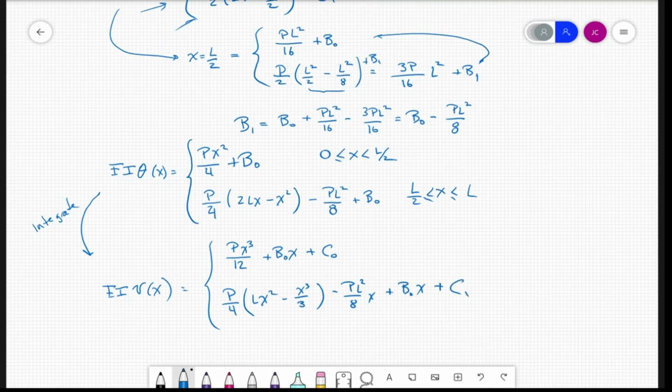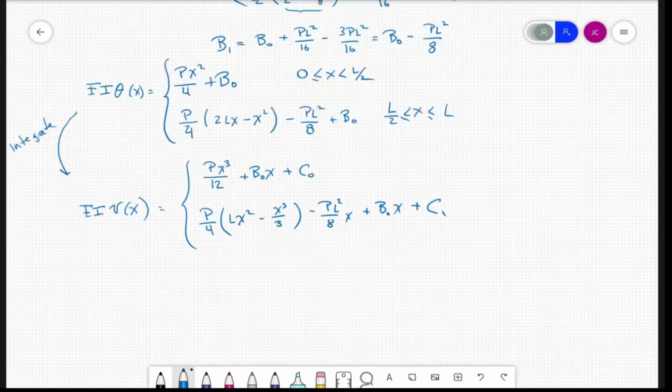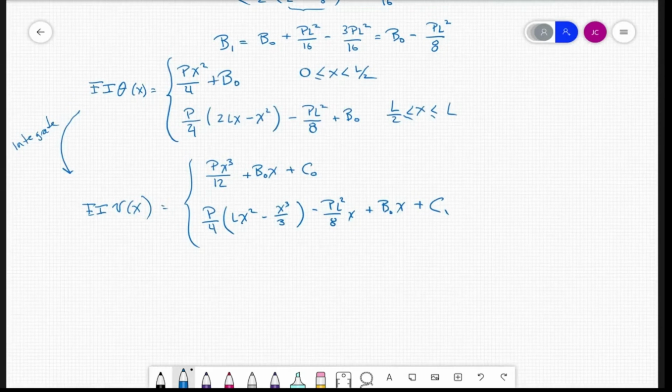All right. Okay. Now we have 3 unknowns, b0, c0, and c1. We know that v at 0 equals 0 and v at x equal to L equals 0. So that's 2 conditions.